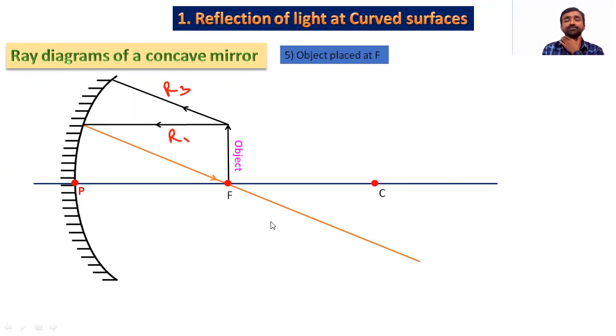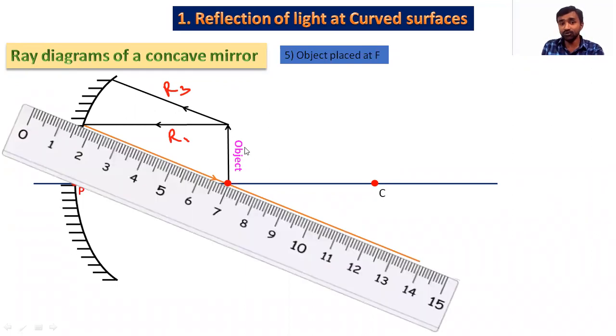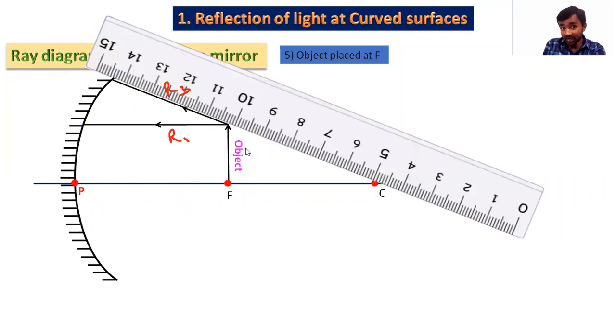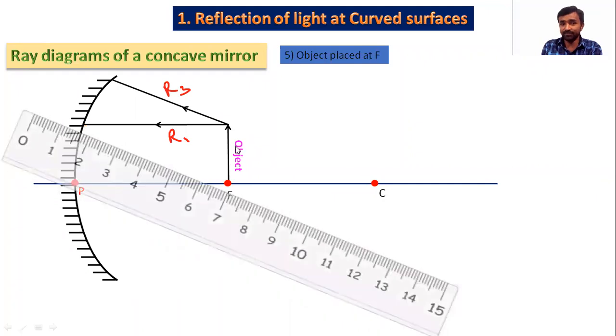Anyone? When a light ray passes through the center of curvature, it reflects in the same path. Very good. So it looks like it is coming from the focus, right? But we did not start it like that because we need it only from the top of the object. That's why I connected the center of curvature and the top of the object logically with the scale I showed. So it looks like passing through the focus onto the mirror. That is the logic we are following here.